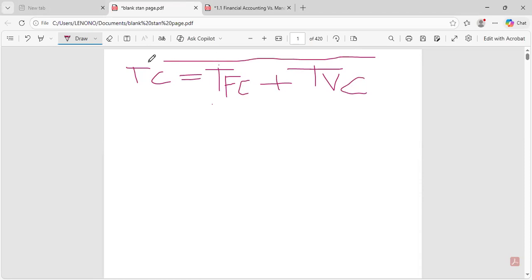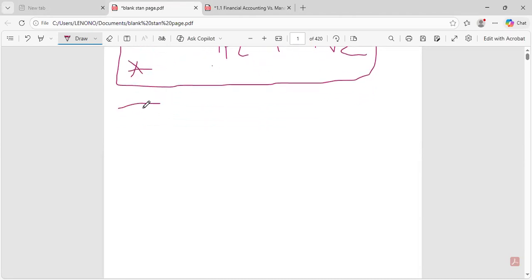This is the total cost of every business, right? So the total cost is equal to total fixed cost, so TFC is total fixed cost.